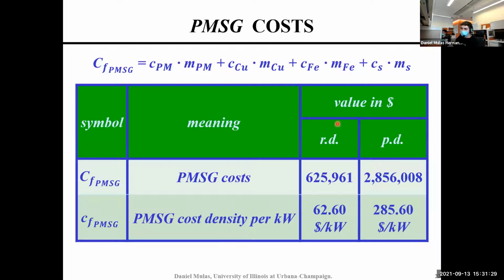And here we see the impact. This is the formula that we use to compute the fixed cost of the PMSG. And we observe that the cost of the proposed design is around 4 times the cost of the reference design.